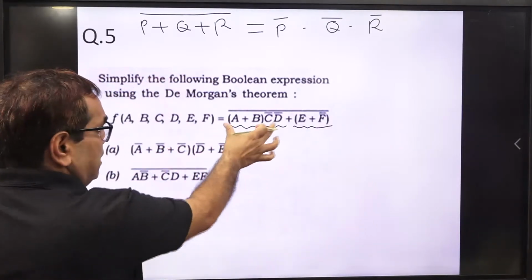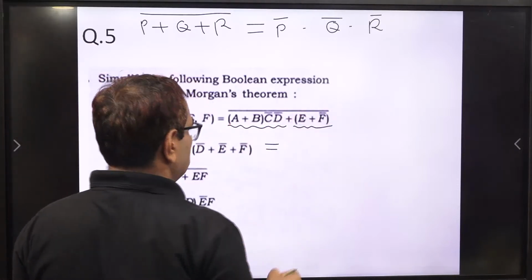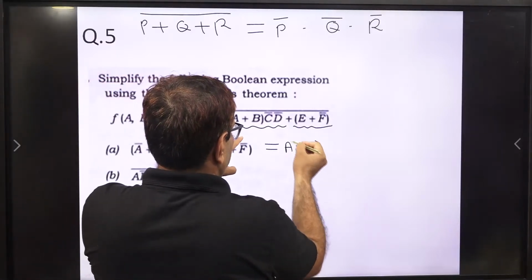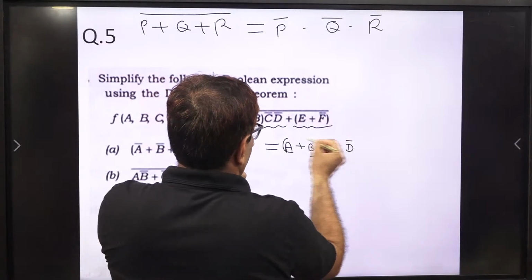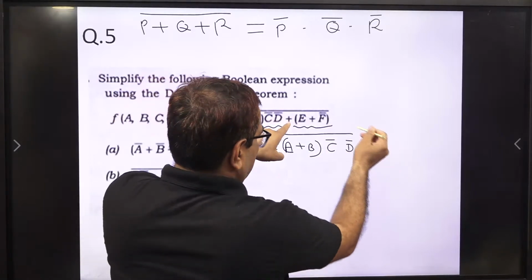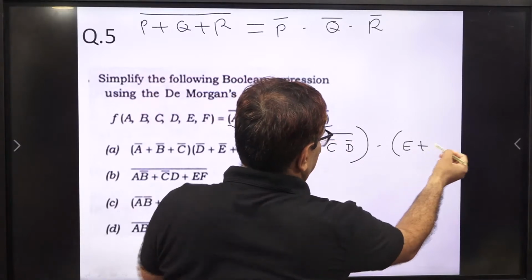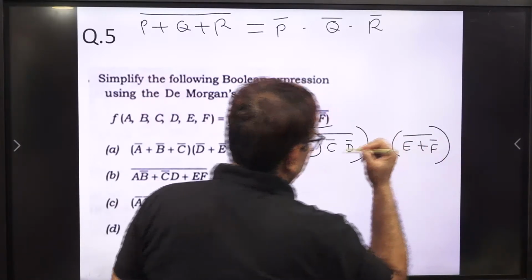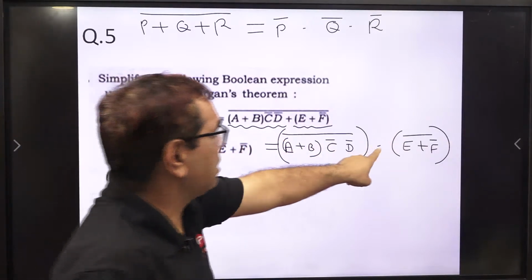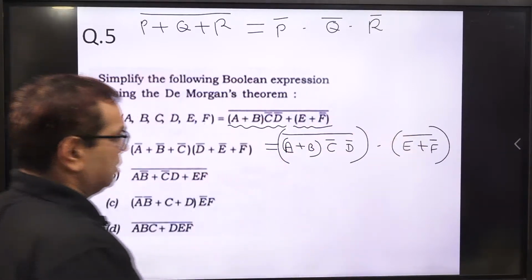This can be written as (a plus b) into c bar d bar whole bar, which is p bar, and this plus will be converted into dot, so let us use a bracket here, then (e plus f bar) whole bar. So we have used the De Morgan theorem here. We have converted this plus symbol into dot, and on both the two terms we have applied the complement symbol.